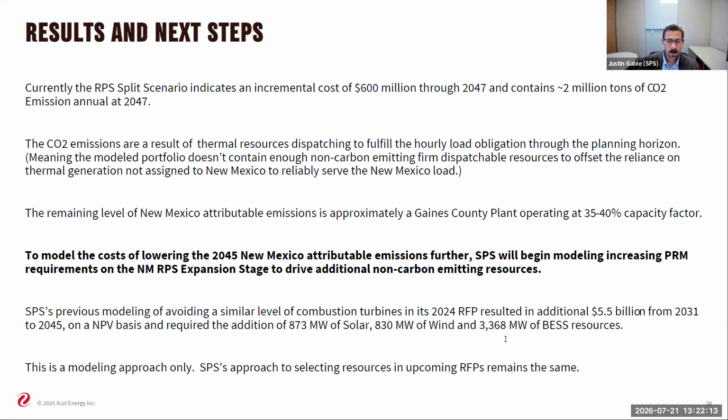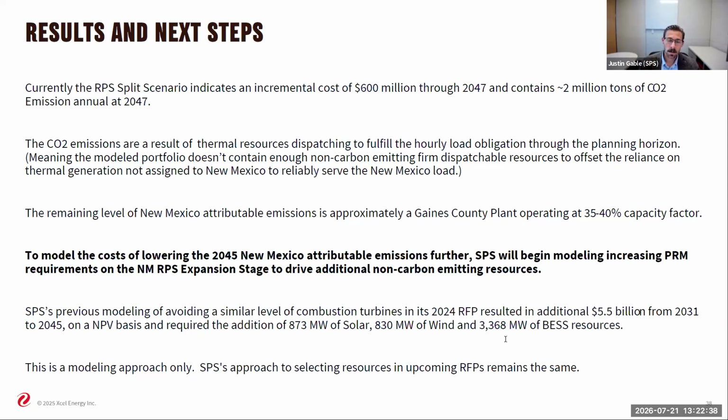What we saw was about a $5.5 billion increase in the net present value. It increased the nameplate additions of both solar and wind and notably firm resources. That's ultimately where we think this modeling would go if we start increasing the PRM to drive additional resources.